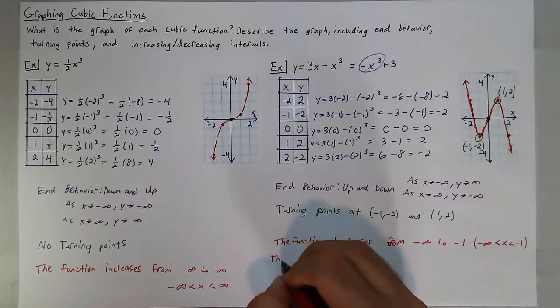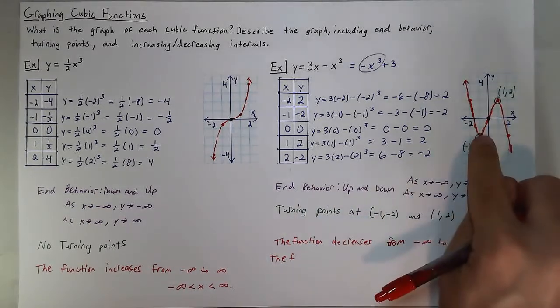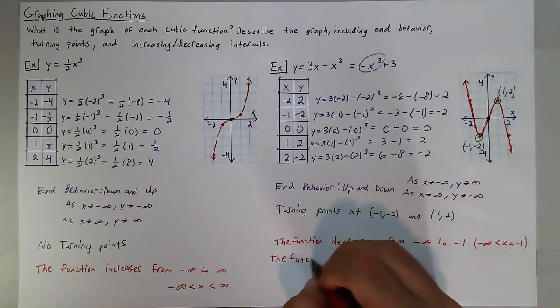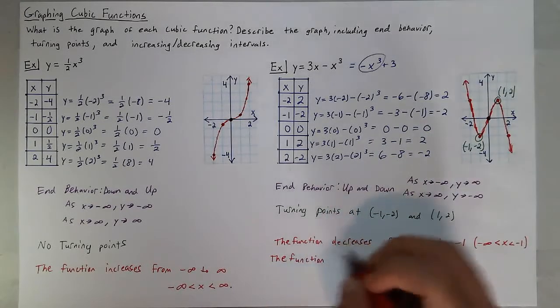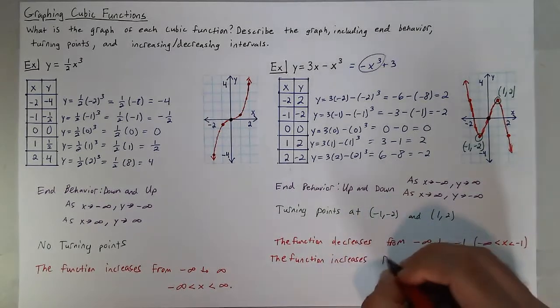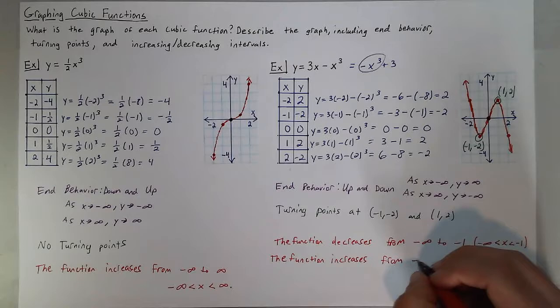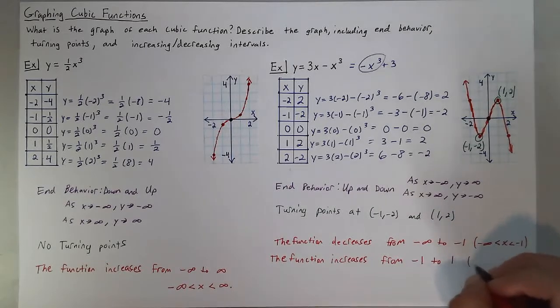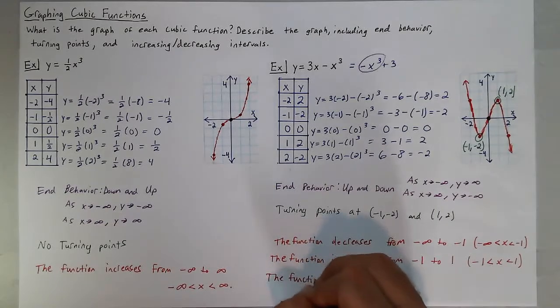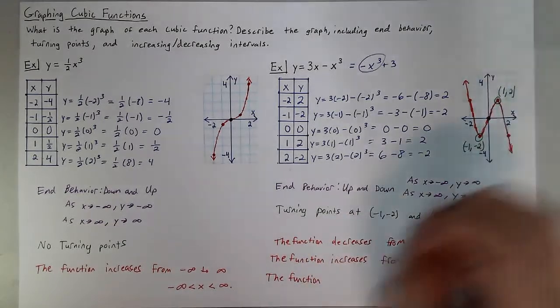The function increases from -1 all the way to 1. You'll see it goes upwards. So -1 to 1. And then the function decreases again after 1 off into infinity.